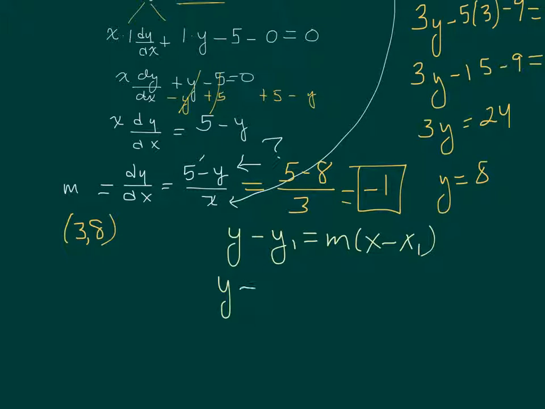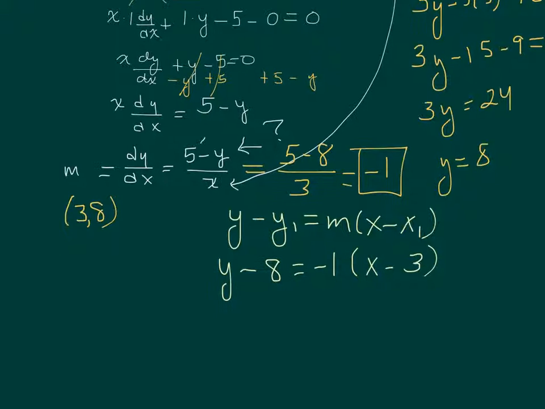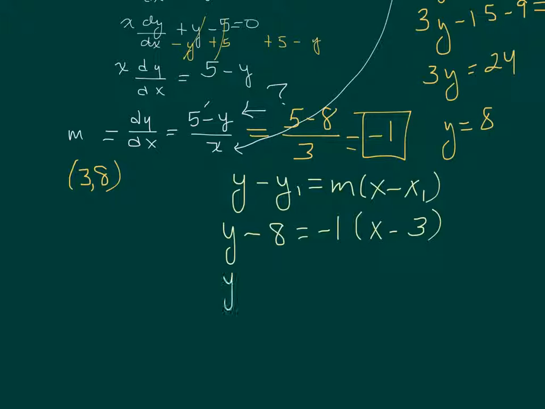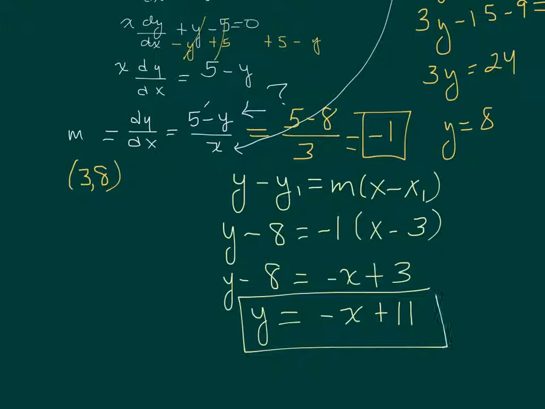So y is 8, my slope was negative 1, and x is 3. And so I get y minus 8 equals negative (x minus 3). I add 8 to both sides, and I get the equation of my tangent line.